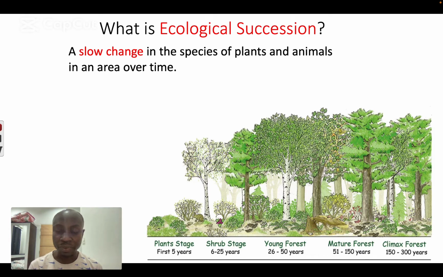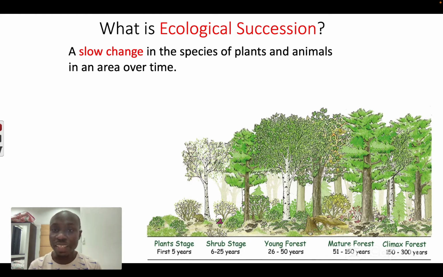These next group of plants may be bigger, we call them shrubs, or small trees. Okay, and then they can live on the land. They too will die, and their bodies will go into the soil for the next group of plants and animals. So the ecosystem will keep changing and changing over many years.